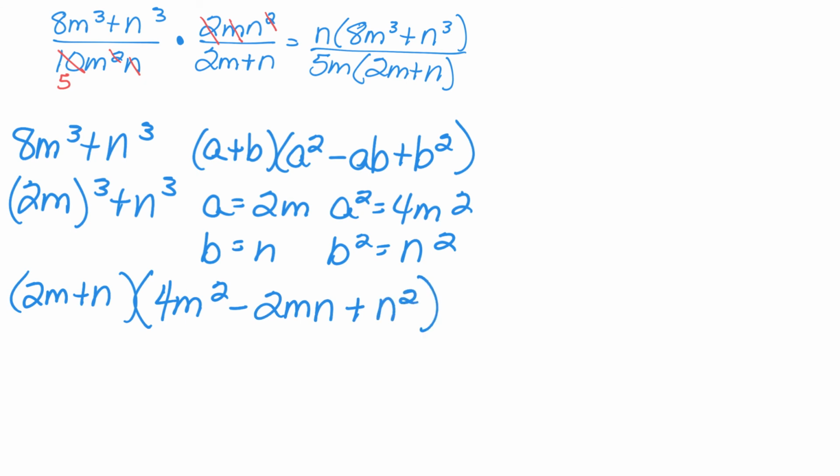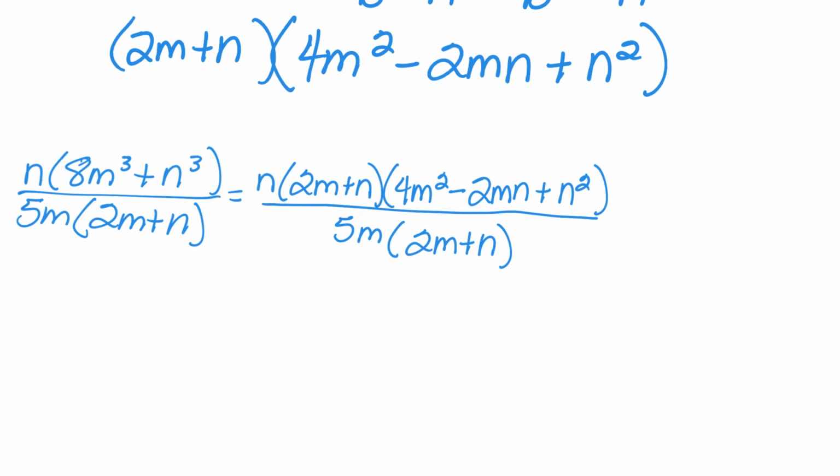So now we're going to go ahead and substitute all of this for this now that we factored it. So if you can tell, this is where we did the sum of cubes. It's n times all of this right here.